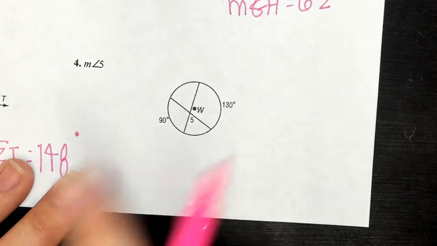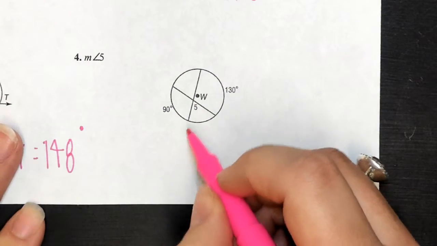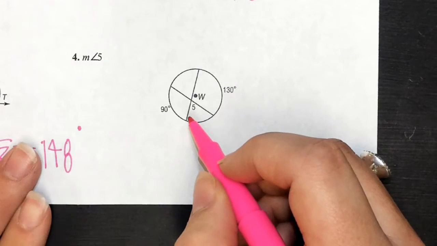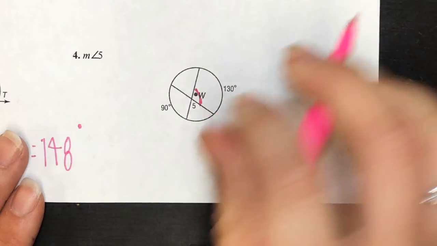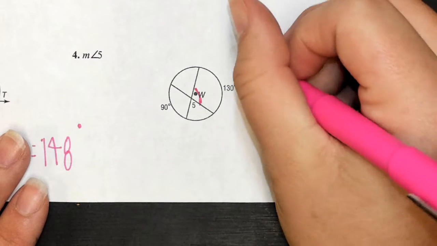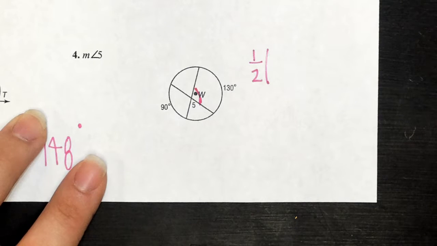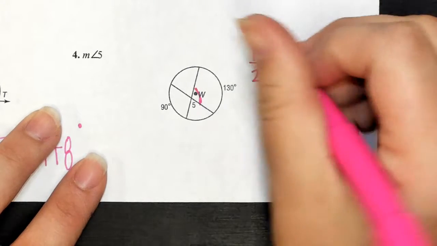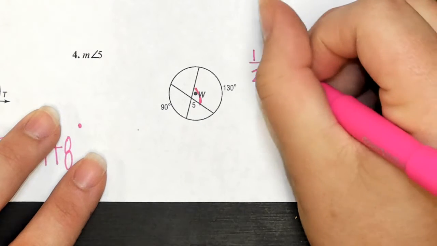Okay, number 4. So we have to find W to help us find our answer. But W is not our answer. Angle 5 is our answer. So if I know that I'm finding this one first, I have to add these and divide them by 2, and that gives me that angle. So 1/2 of 90 plus 130 is 220.